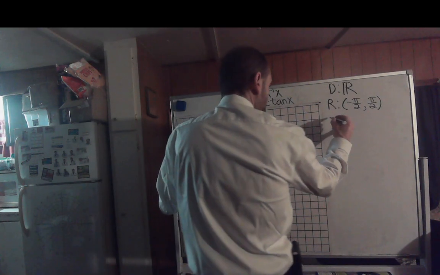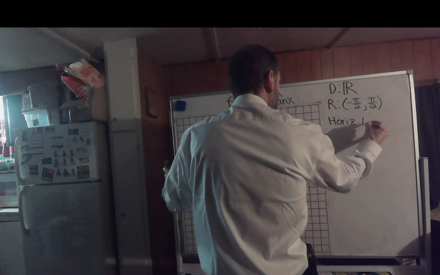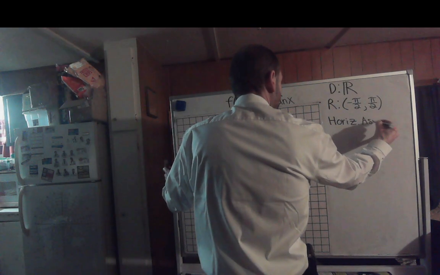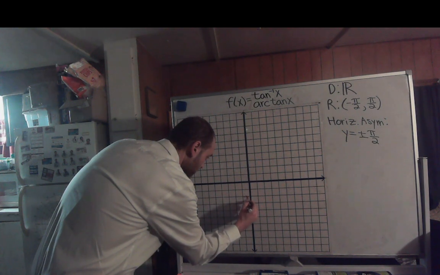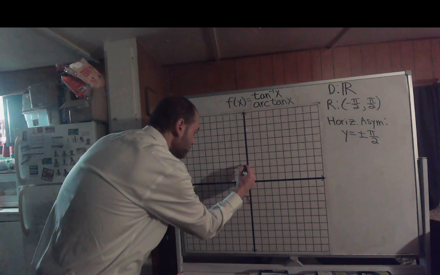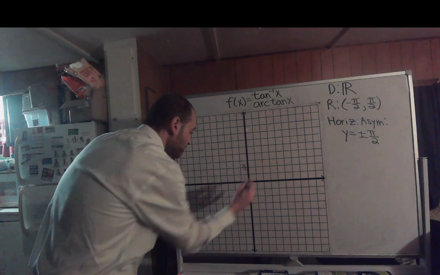So this means you're going to actually have two horizontal asymptotes. Those will be found at y equals both plus and minus pi over 2. Those are your horizontal asymptotes. So let's go ahead and do that here. Negative pi over 2, and then here's positive pi over 2.